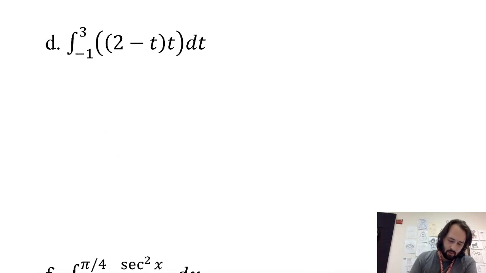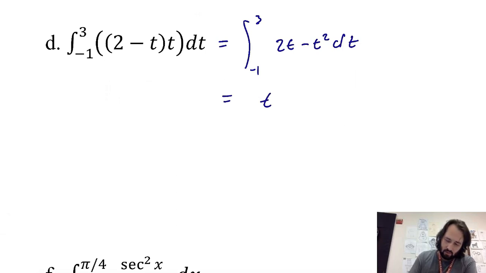Alright, I would rewrite this integral first. So the integral from -1 to 3 of 2t minus t squared dt. So the antiderivative would be t squared minus t cubed over 3 from -1 to 3.